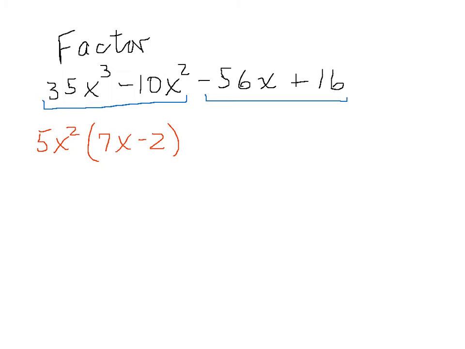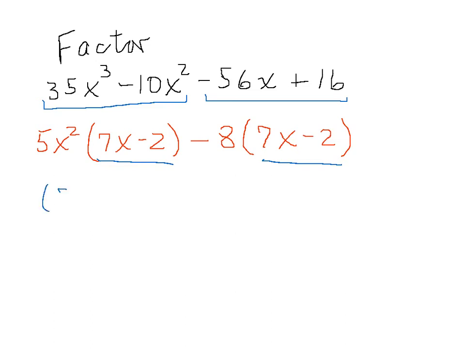Now I look at the next two terms and ask, is there anything that comes out of these two? Once again, yes, I can take out a minus 8, and that gives me 7x minus 2. Check it out, what we got is 7x minus 2 as a common factor.